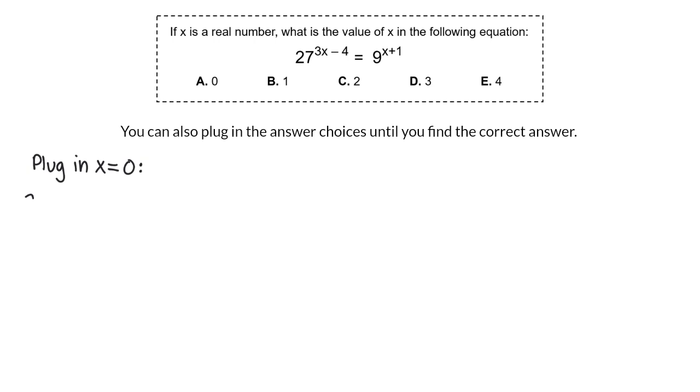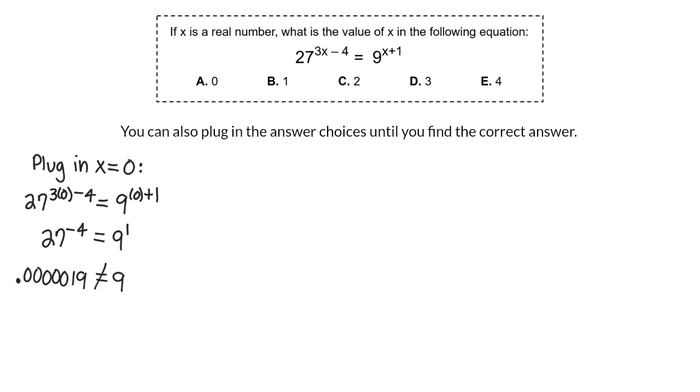You're going to end up with 27 to the 3 times 0 minus 4 is equal to 9 to the 0 plus 1. That's going to give us 27 to the negative 4 power equals 9 to the 1st. Using a calculator, you're going to end up with 0.0000019 is equal to 9. Obviously, that's not true, so we know this is the wrong answer.